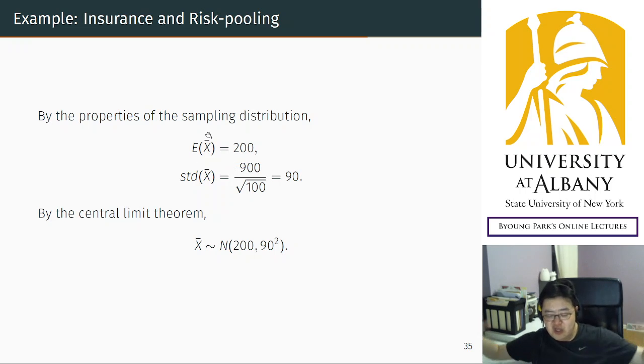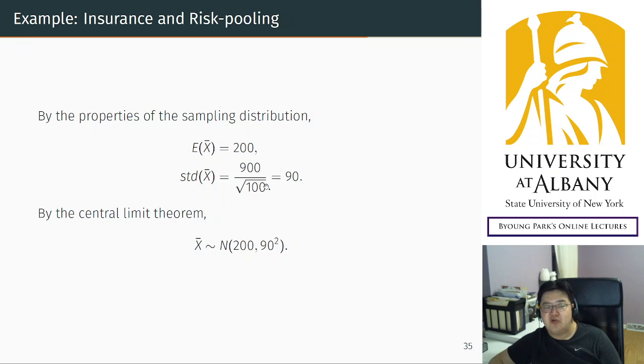But when you collect 100 policyholders at the same time, the expectation and standard deviation of the sampling distribution become 200, which is the same, and the standard deviation is 900 divided by the square root of the sample size.